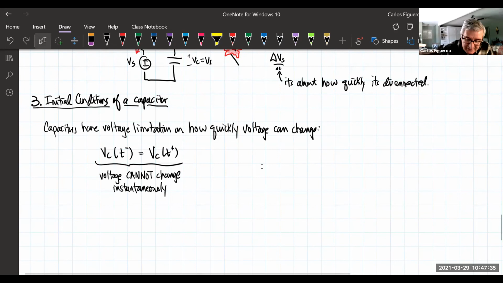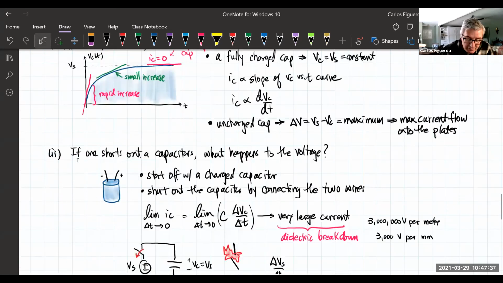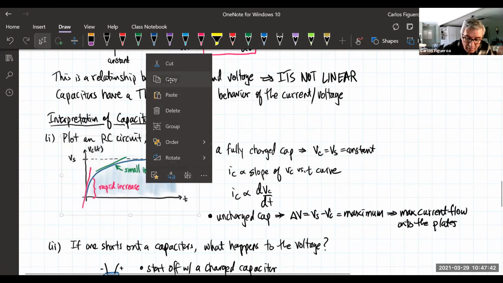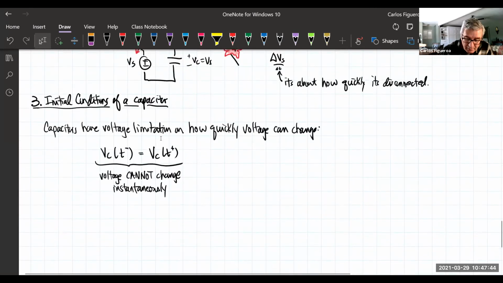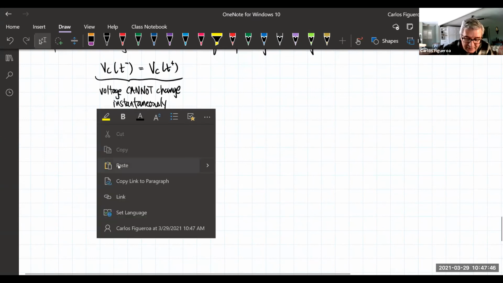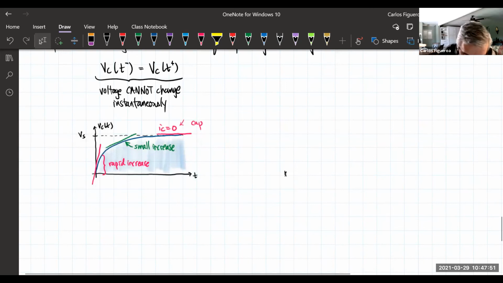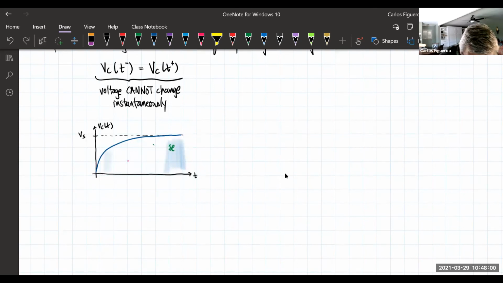And the way to see this here, if I can just come up here and grab this thing, it's really in this curve. And I know it may seem like I'm cheating a little bit, and I am cheating a little bit. What I'm really saying here is that when you look at any one time here, right?